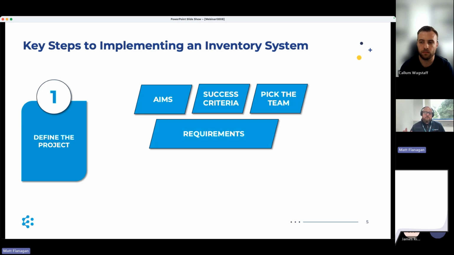So requirements, we're going to touch on this and go through some of the things, because people think, I'm just going to go and pick a stock system and it's got to work with Shopify and Xero and jobs are good and off we go. So we're going to go into that, but one of the things we tend to find, from the fix-up jobs, is people are turning up to a vendor with a list of problems, not requirements.